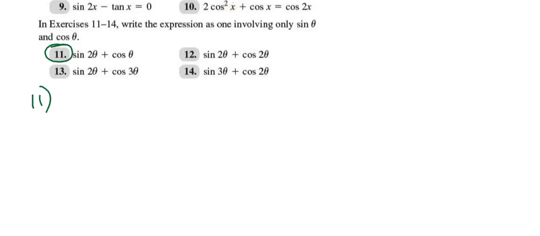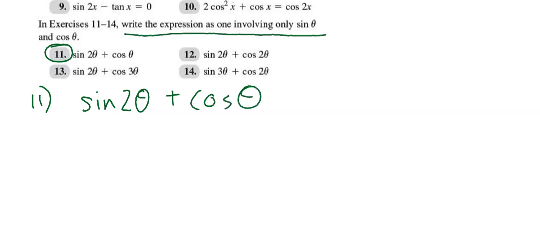Question 11. Sine 2 theta plus cosine theta. Write the expression as one involving only sine theta and cosine theta. Okay, so we have to have single angles. No double angles, which obviously means we need to do something with this.